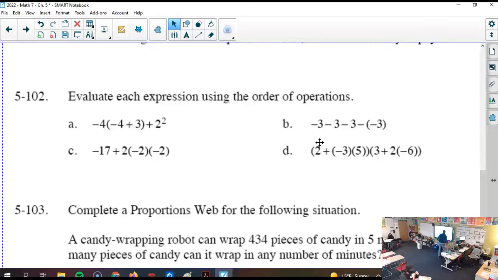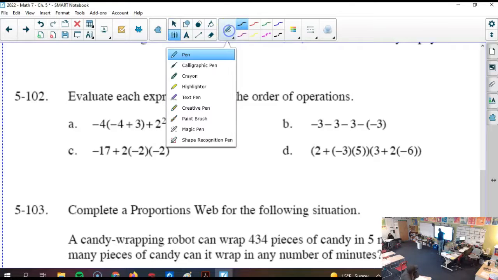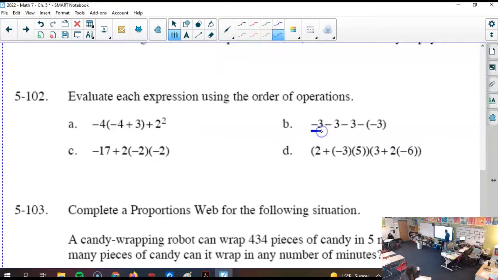So this is all addition and subtraction in part B. So -3 plus another -3 plus another -3. Or you could say -3, go down 3 more, go down 3 more. These together take us to -9. But then, minus -3, what happens with minus negative? It's really adding a positive. So that becomes +3. That's how we get -6.